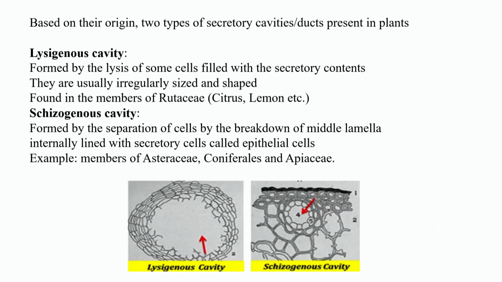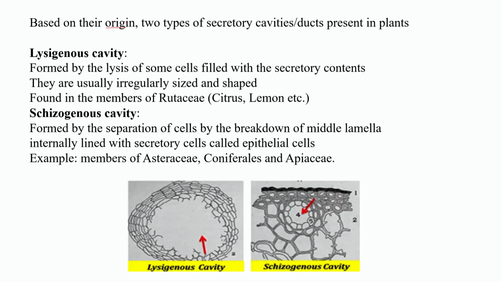Now this was the discussion about the external and internal secretory structures. We can also divide them on the basis of their origin. We can divide those secretory structures as those having lysigenous cavity as well as schizogenous cavity. When we talk about lysigenous cavity, it means how they have originated.